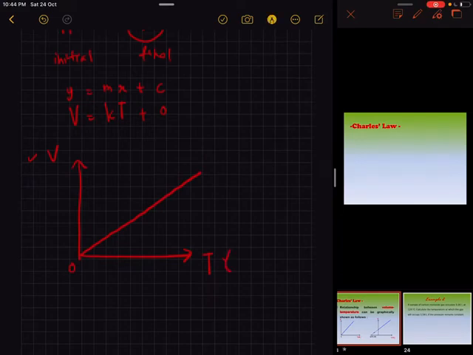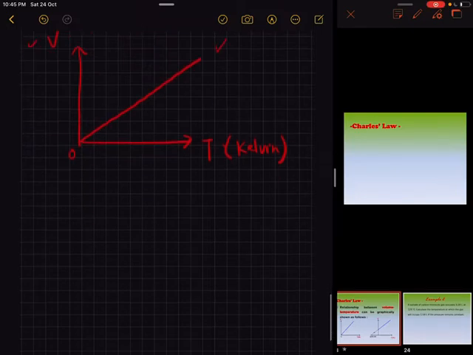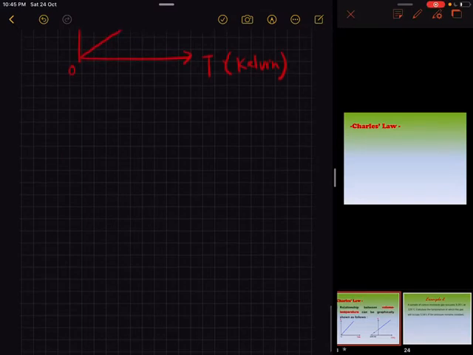So when the volume of the gas is related to the temperature of the gas in Kelvin, you will get a direct proportional relationship between volume and temperature, provided that the temperature is in Kelvin. This relationship also explains the ratio between volume and temperature.